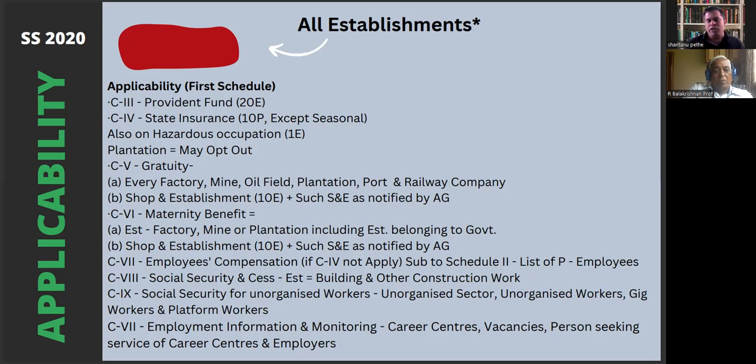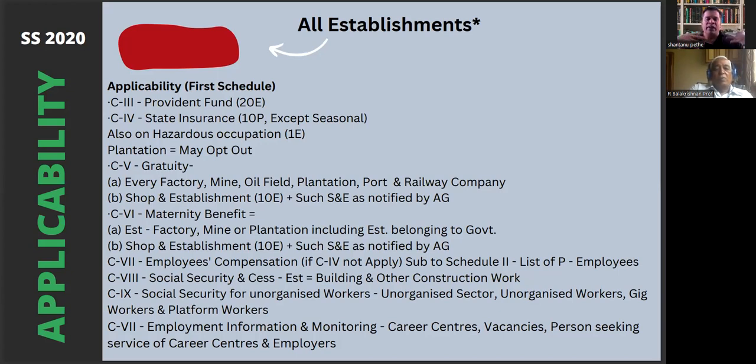Now coming to chapter 5, that is gratuity. It will be applicable to every factory, mine, oil field, plantation, port, and railway company, and to shops and establishments where 10 or more employees are engaged, and such shops and establishments as notified by the appropriate government.